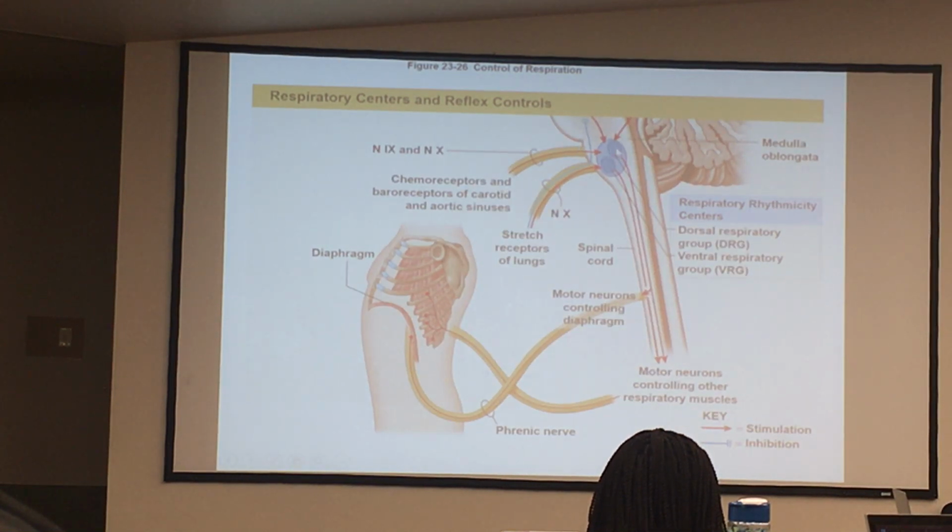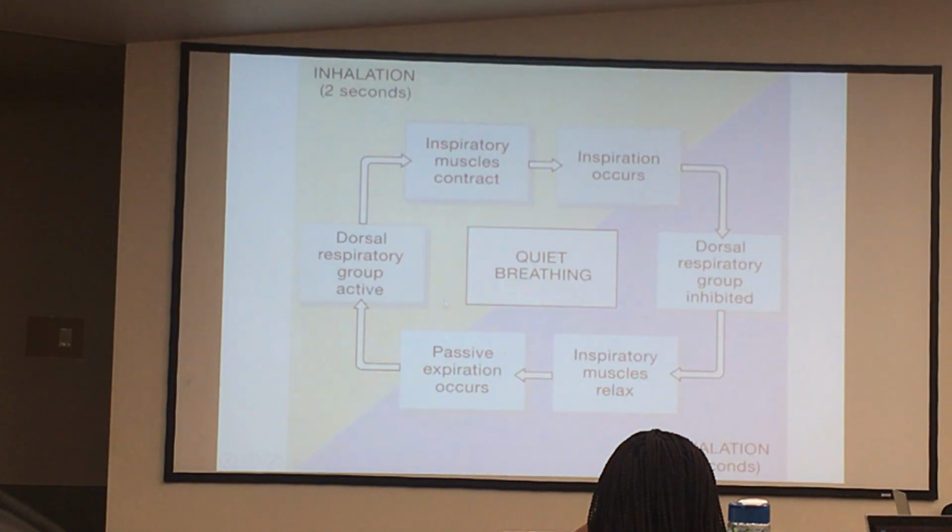That's dorsal and that's ventral. And then they control the diaphragm and the external intercostal muscle.